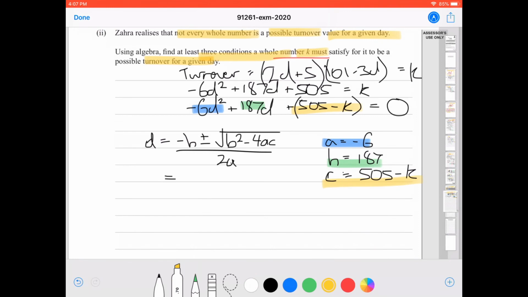Okay, so now we substitute in. We've got minus 187 plus or minus the square root of 187 squared minus 4 and then minus 6, and we're running out of room here, so we're going to have to erase all this.